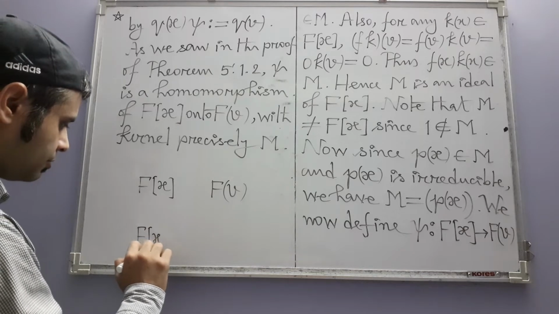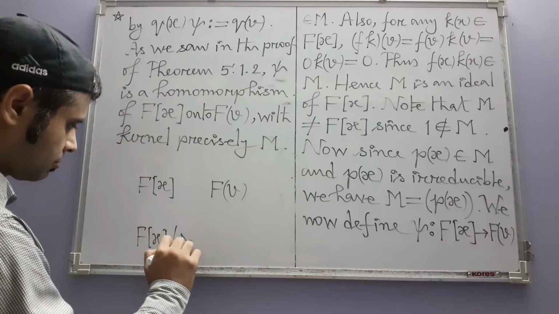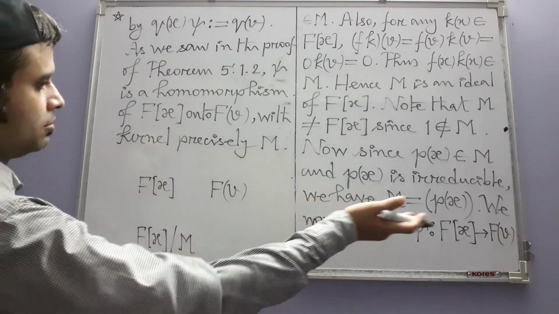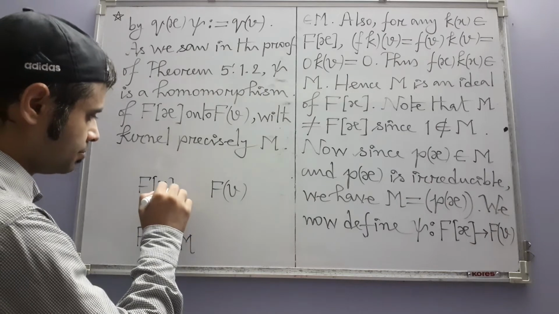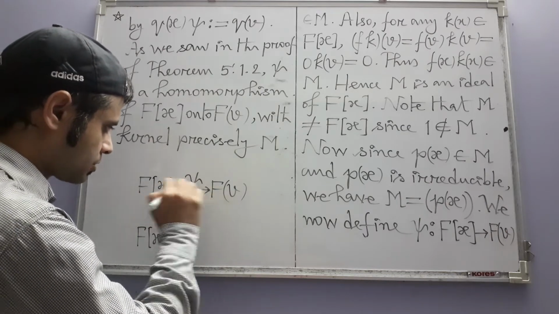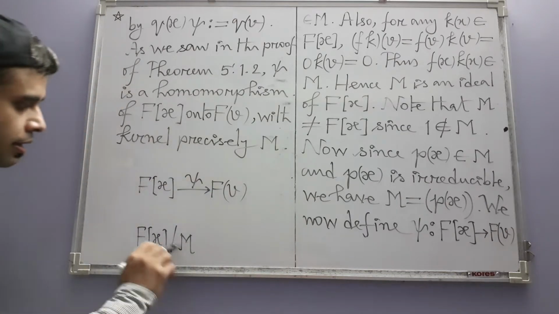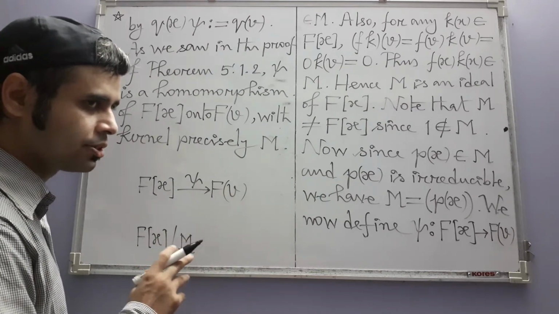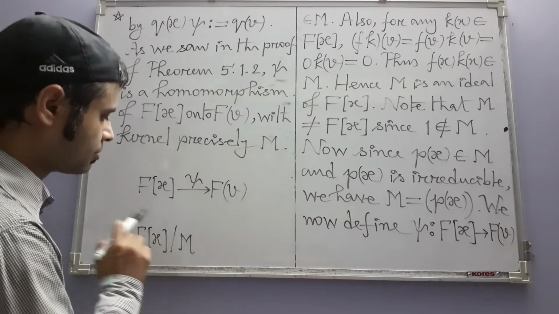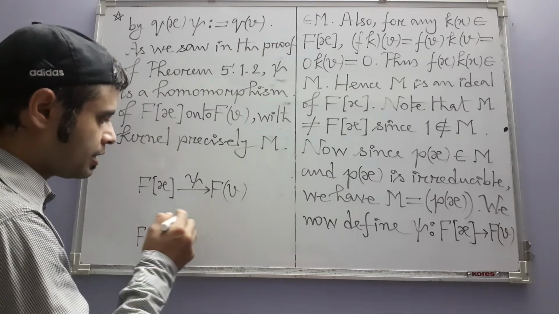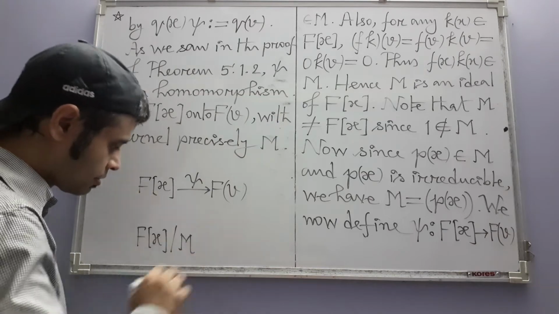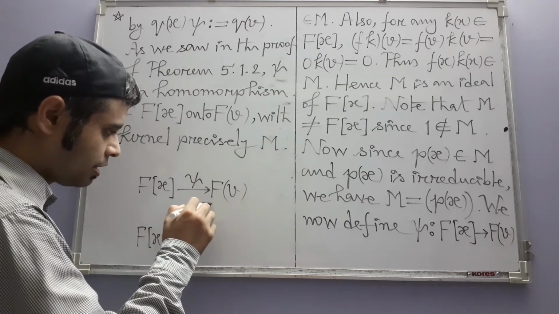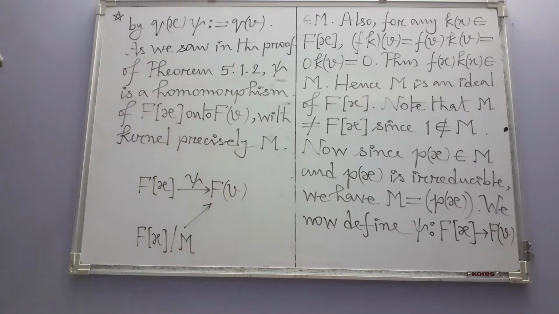We have an onto homomorphism psi whose kernel is M. Then by the fundamental homomorphism theorem, there is an isomorphism between this quotient ring and F(v), and we actually know what this isomorphism is.